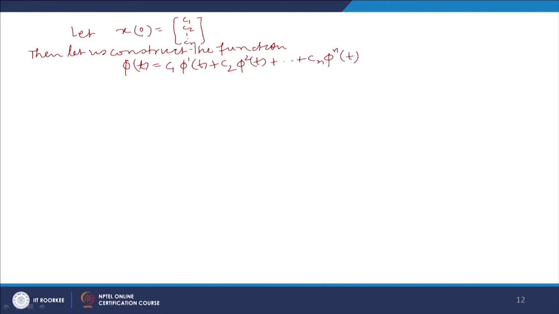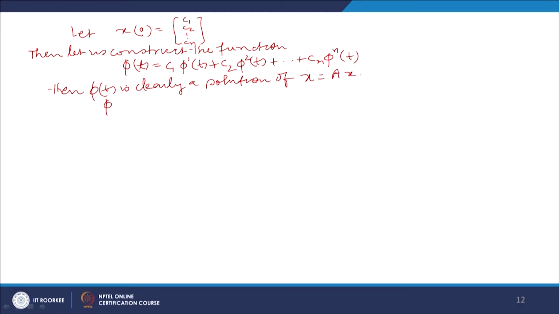Now since phi 1 t, phi 2 t and so on phi n t are solutions of x dot equal to Ax, their linear combination C1 phi 1 t plus C2 phi 2 t and so on Cn phi n t will also be a solution of the vector differential equation x dot equal to Ax. So phi t is clearly a solution of x dot equal to Ax.